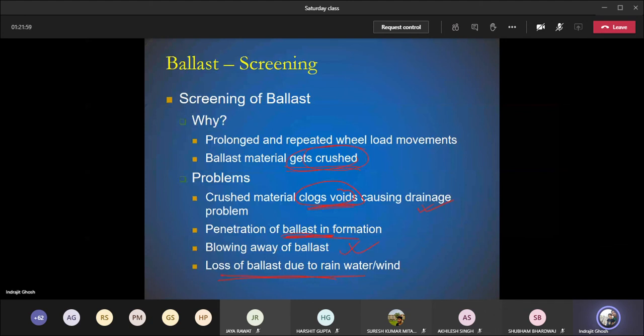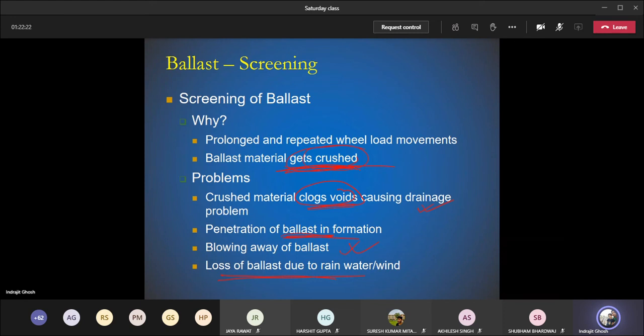Now wind is coming, and they are further blown away. So the ballast layer which we laid initially keeps losing material year after year, which is detrimental. That is why sometimes we need to get rid of these crushed components, the finer materials of the ballast.